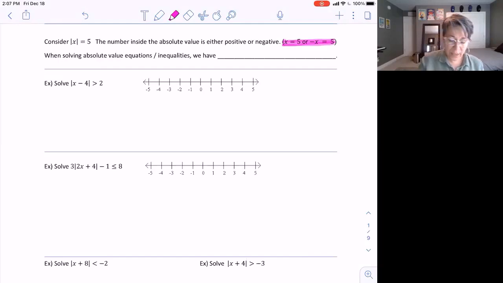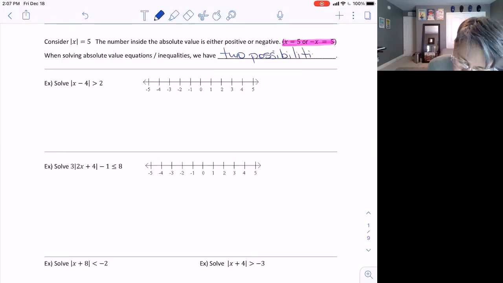So when solving absolute value equations or inequalities, I'm going to show you a way that works for both. We have two possibilities. Remembering that an absolute value on the inside could be a positive version or a negative version helps you to remember that you're looking for two possible solutions and also how to look for those solutions.